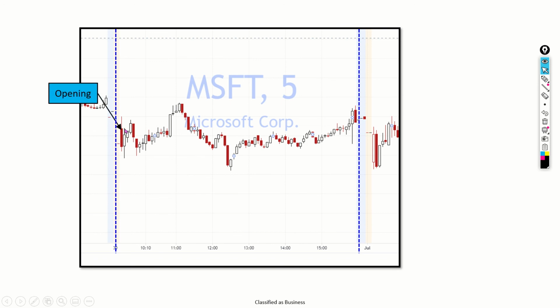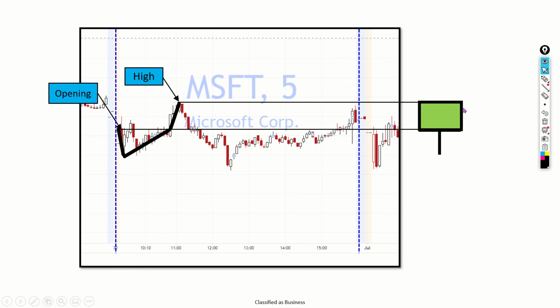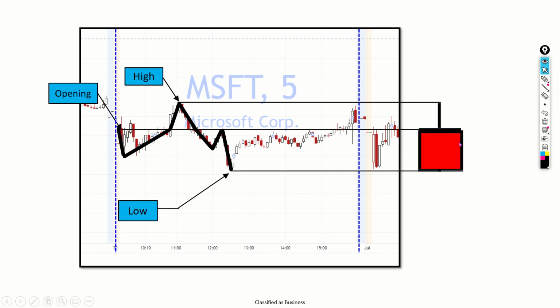So it starts with the opening price here, then forms a bearish candle. The bears start to push it down. Bulls try to bring it up again, forming a green bullish candle, gets rejected from this high, goes down again, forms a bearish candle and a low, goes up again, forms a green bullish candle, and closes near the opening price.